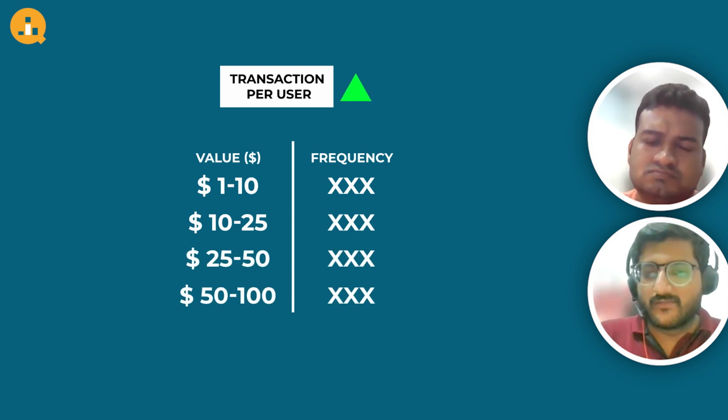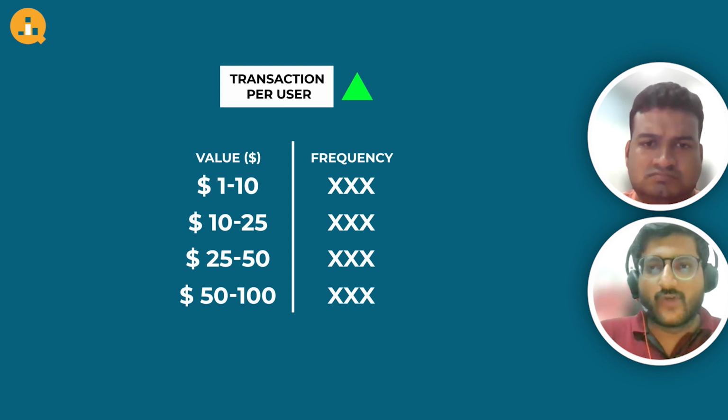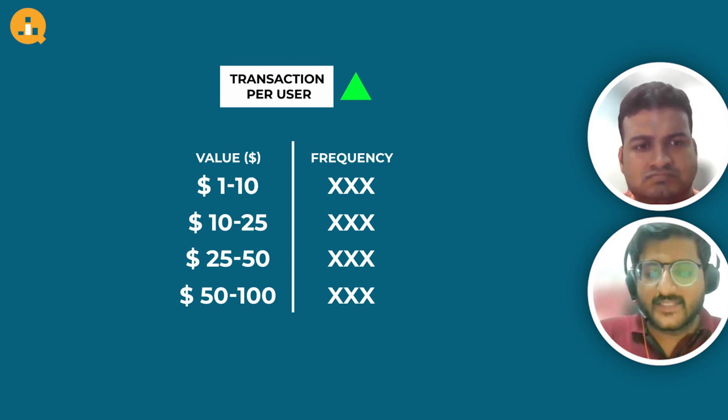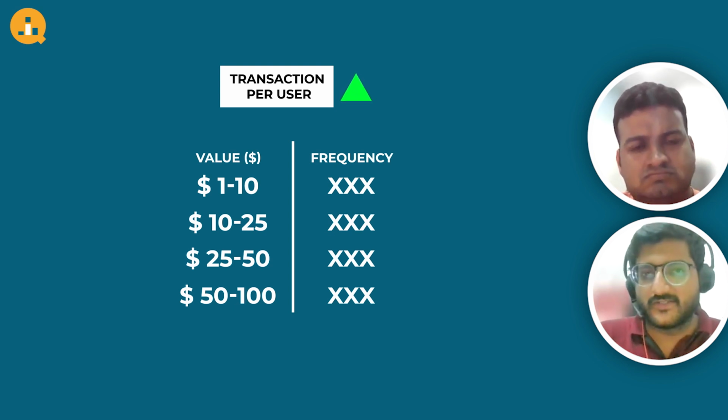Basically, I would have split it into percentiles to understand if there was an increase in lower denomination transactions. Since that was not the case, and TPU, which is transactions per user, remained the same, I'd like to understand if the decrease is reflected across different segmentation.